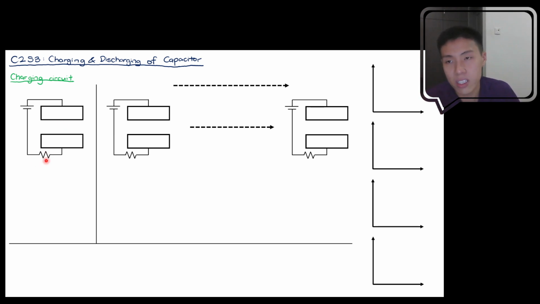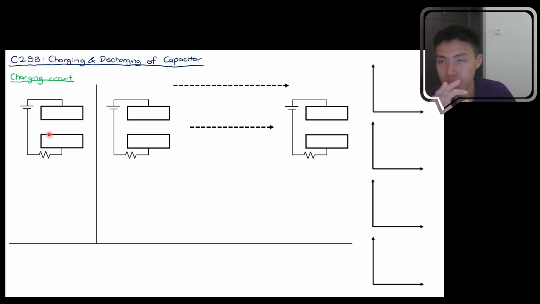How about the resistor over here? We know that resistors are components mainly used to regulate your current. If you have energy being directed to a resistor, it will be dissipated as heat. Your resistor technically gets hotter because it dissipates the energy that it receives.